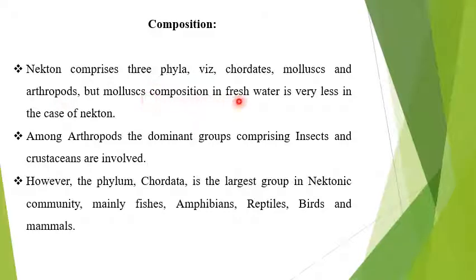Mollusca composition in freshwater is very small in the case of nekton, and Arthropoda is the dominant group comprising insects and crustaceans, which are found in very large numbers and comprise the major part of the nekton. However, the phylum Chordata is the largest group of the nektonic community, which includes fishes, amphibians, reptiles, birds, and mammals.